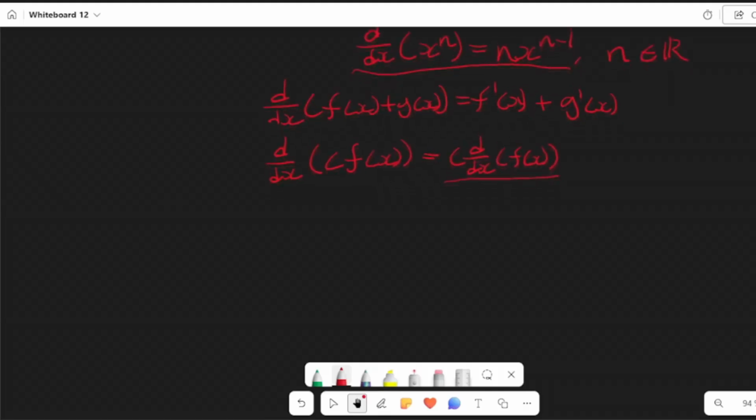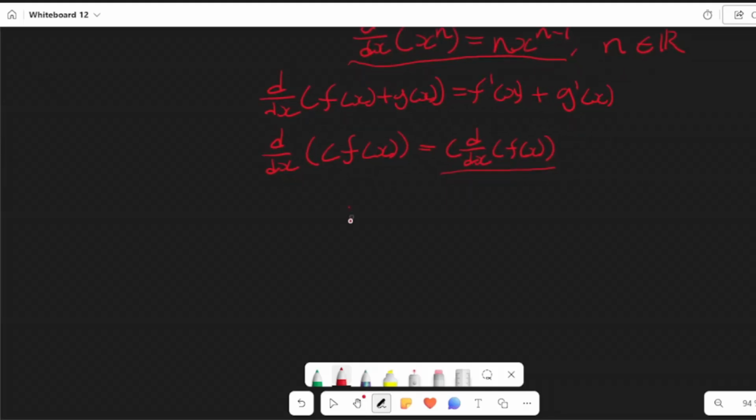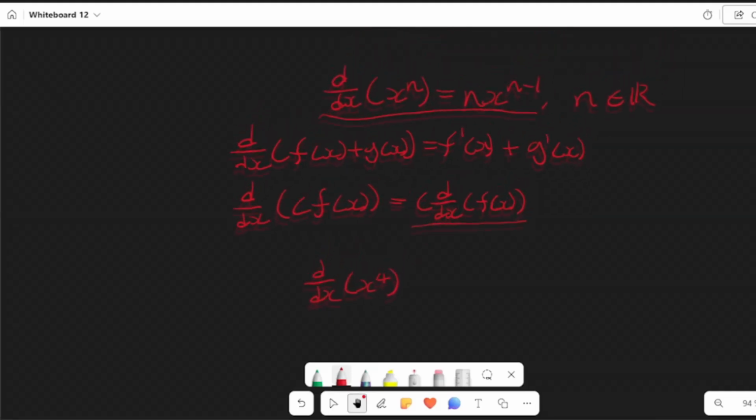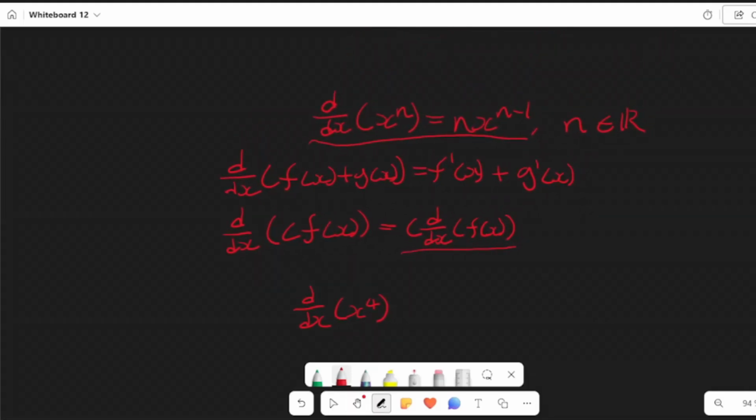Let's say we have the derivative of, let's go with an easy one, x to the power 4. So how do we solve this? Well, we can just use our first property here. There's no need to use the two other properties that I've denoted here. The derivative of x to the power n is going to be n times x to the power n minus 1.